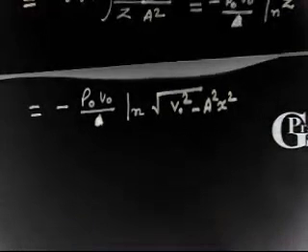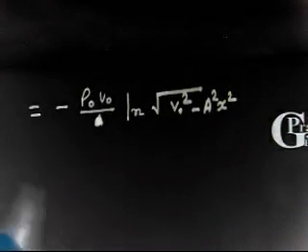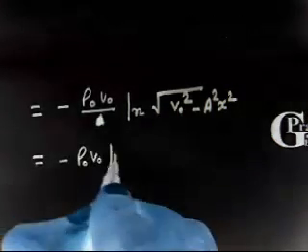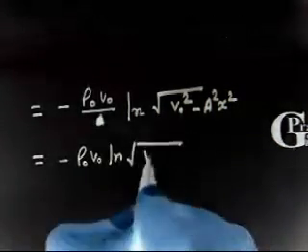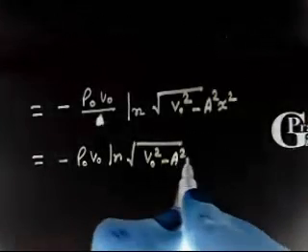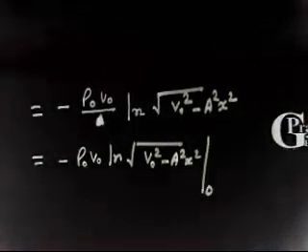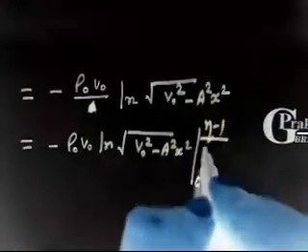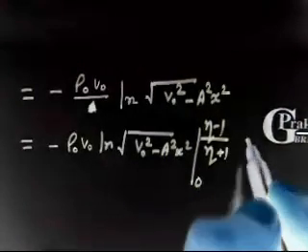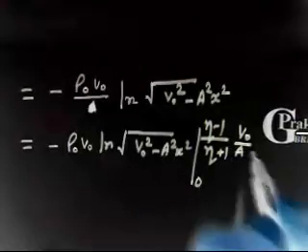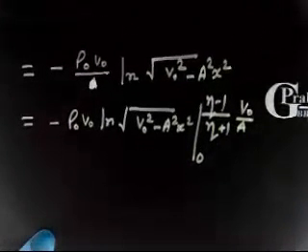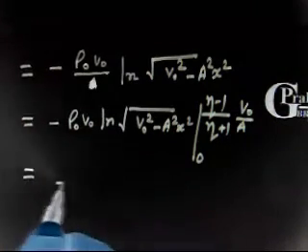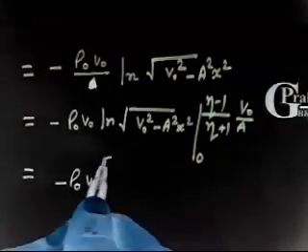So you will have simply minus p naught v naught ln under root v naught square minus a square x square, and the limit is 0 to x naught, and the value of x naught is eta minus 1 divided by eta plus 1 into v naught by a. So this is the value of x naught. Now plug the value of this, you will have minus p naught v naught.